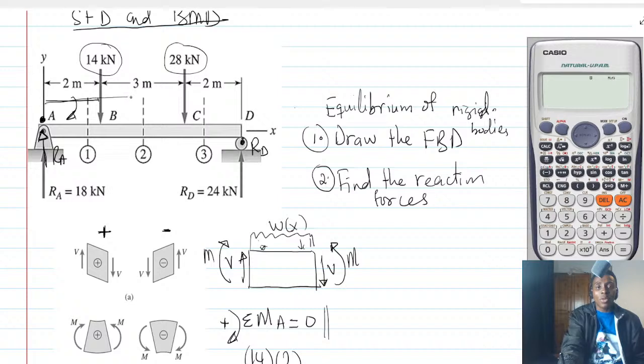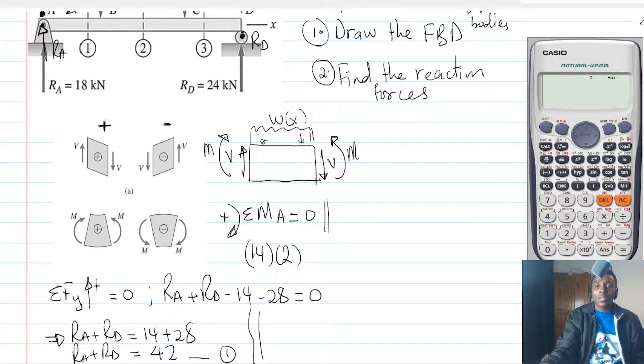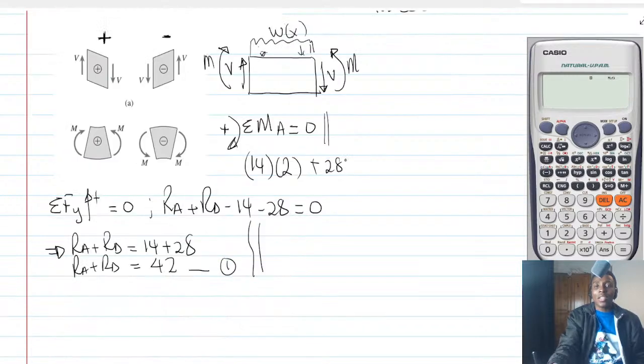So 28 multiplied by 5. And that is also clockwise. So plus 28 multiplied by 5.